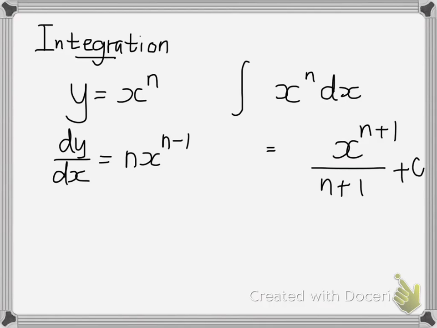However, whatever this constant is, you wouldn't know unless you're given the relationship between x and y. Typically when you integrate with respect to x, what do you get? You get a y. Like in your differentiation, you differentiate a y, you get dy dx. Now you integrate the dy dx, then you get a y. Okay, so that's the opposite of it.